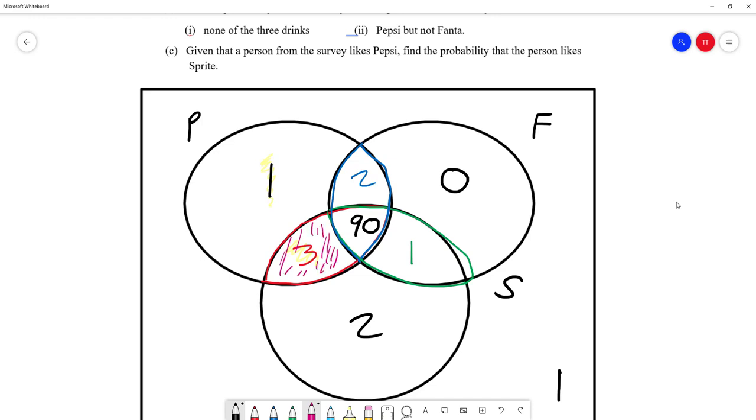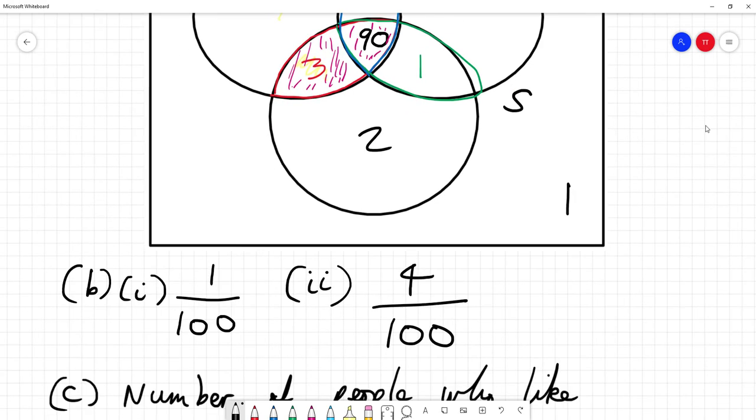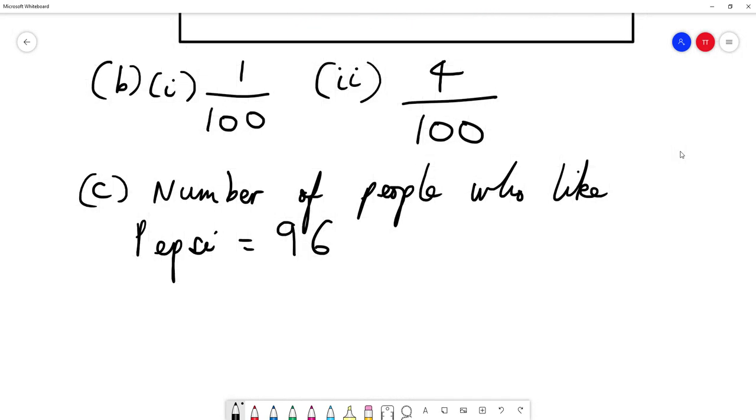And that's 3 people plus this section here. So that's 93. So that gives me 93. So it'll be 93 out of the total people who like Pepsi, which is 93 out of 96, because there were 96 people who liked Pepsi altogether.